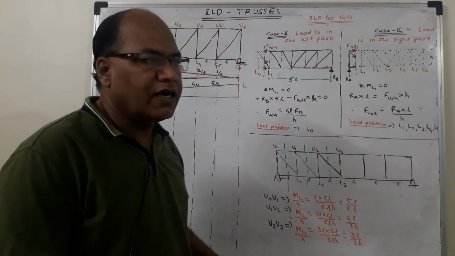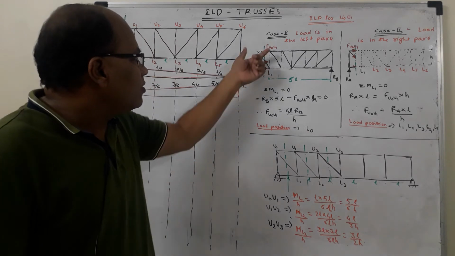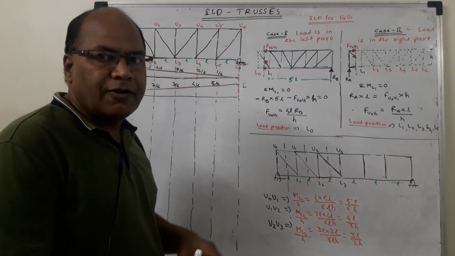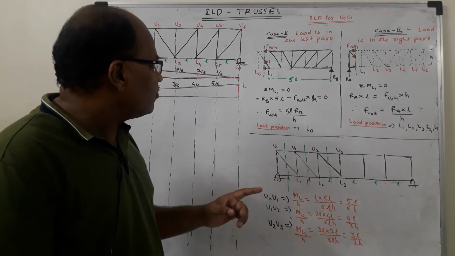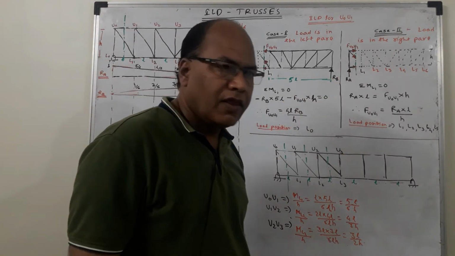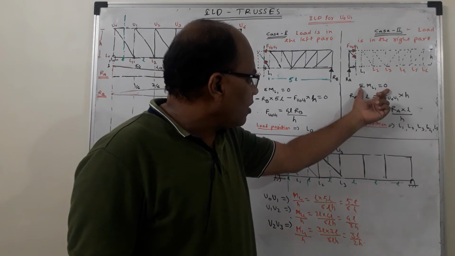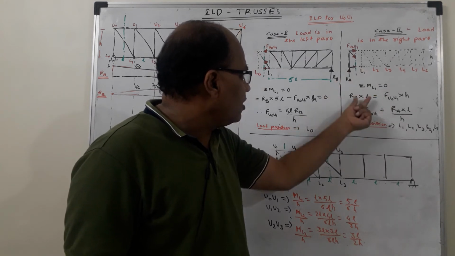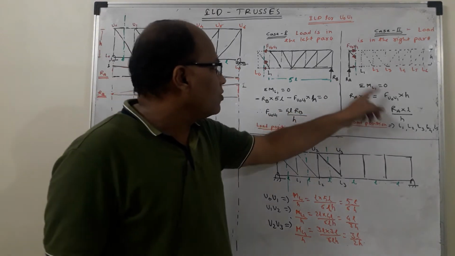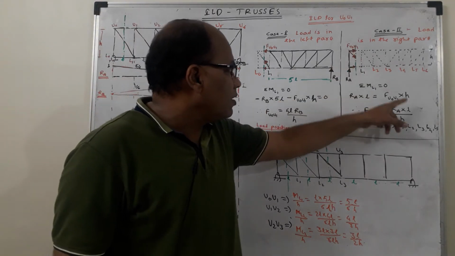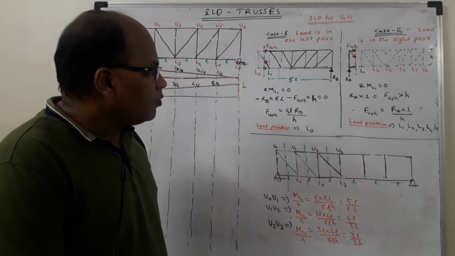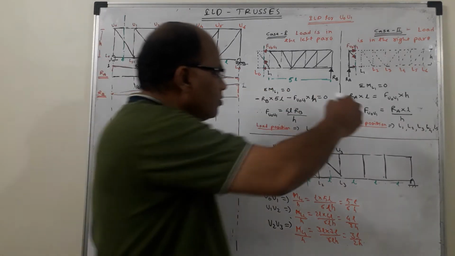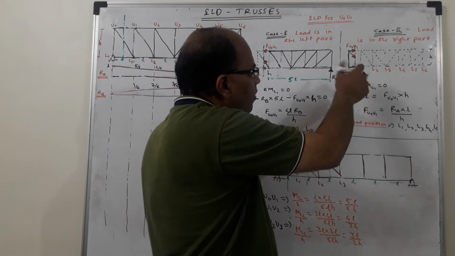So it is quite clear. In order to get the force in member U0 U1, whether you are considering the left part or the right part, the point of moment is the point L1. And when I take moment about L1, then RA into L, the panel length, is equal to F U0 U1 into H. Now both of these moments are going to be positive, so clockwise.